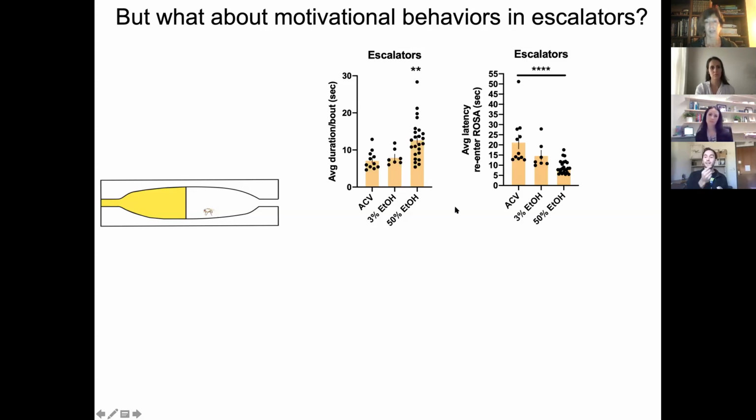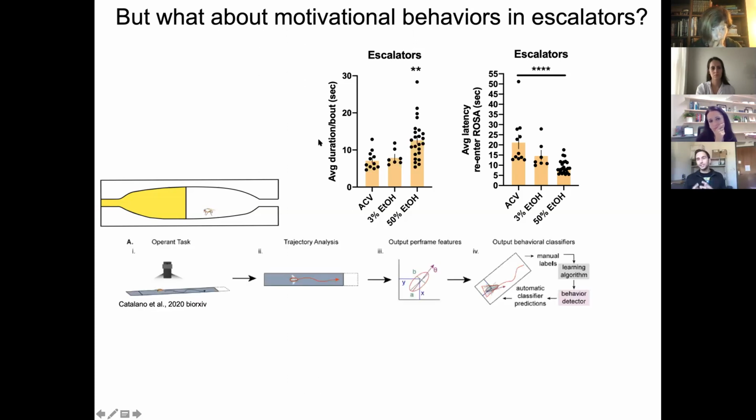So if a fly leaves the rosa and then decides to come back to self-administer again, what is the average latency for this behavior across the odors or drug rewards? And what I noticed is that for 50% ethanol, the escalating flies spend significantly less time after they've left the rosa to re-enter, right? So all these behaviors together suggest that what we really need to do is understand the more subtleties in these behaviors.